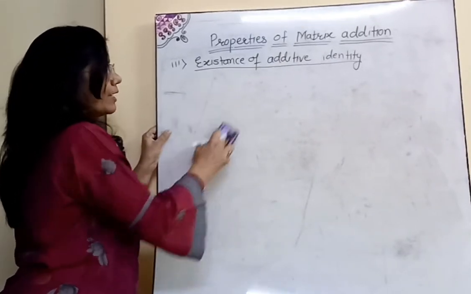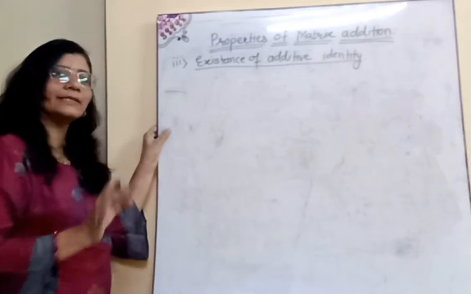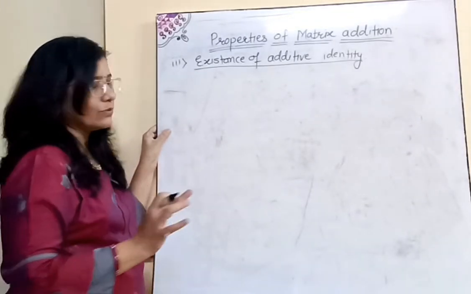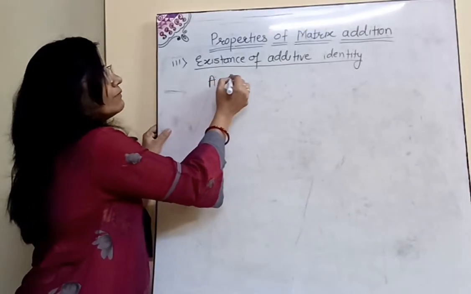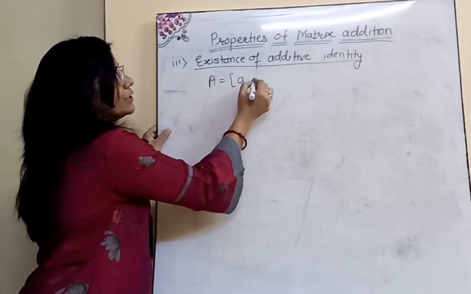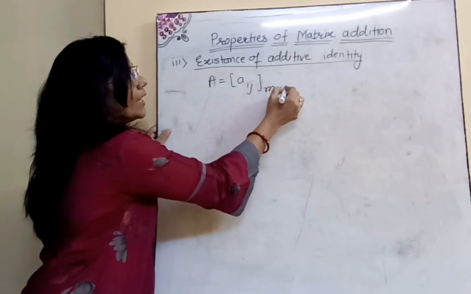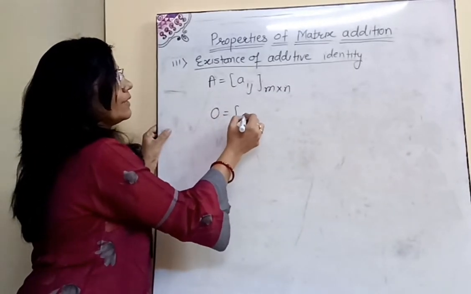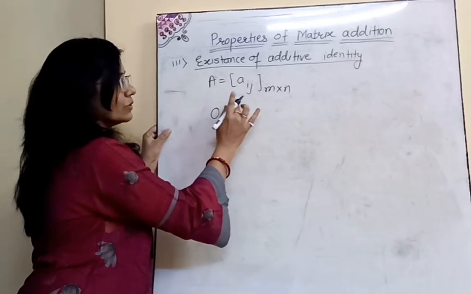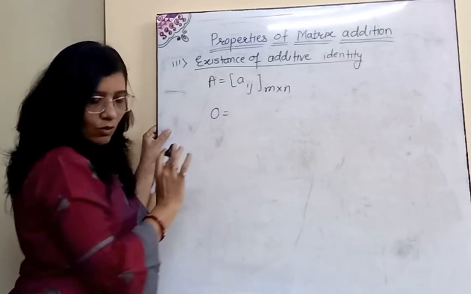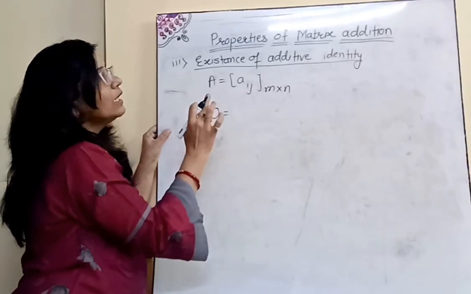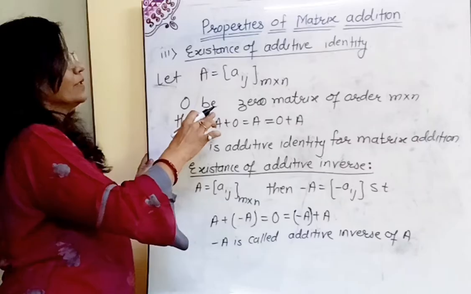You know the 0 matrix has all its entries 0. All the elements of the 0 matrix are 0. Suppose A, that is Aij, is a given matrix having order m by n. Then the 0 matrix, whose elements are all zeros, is an additive identity.